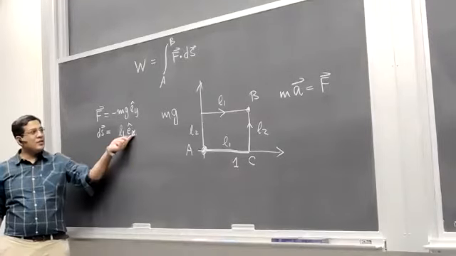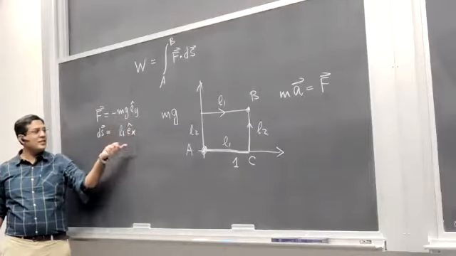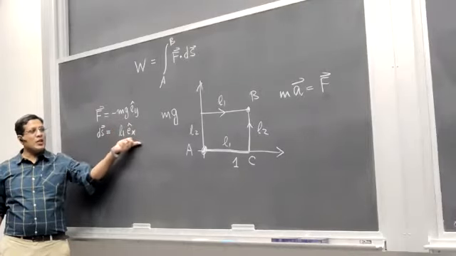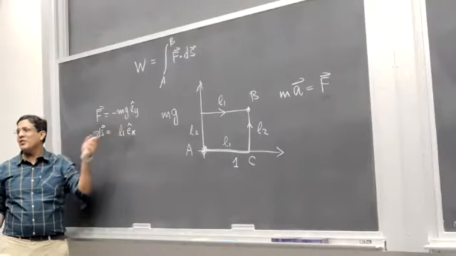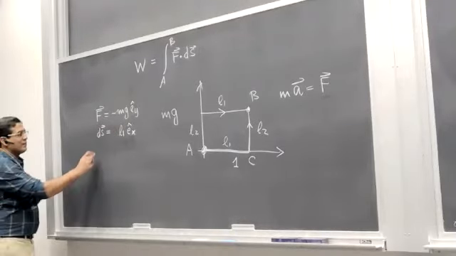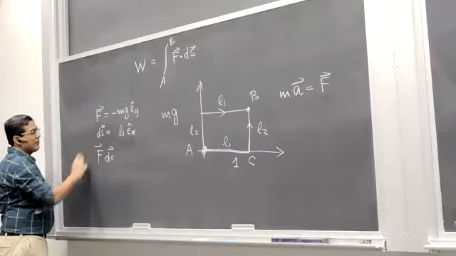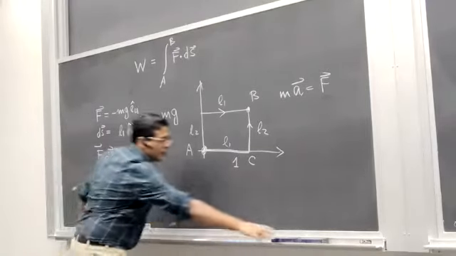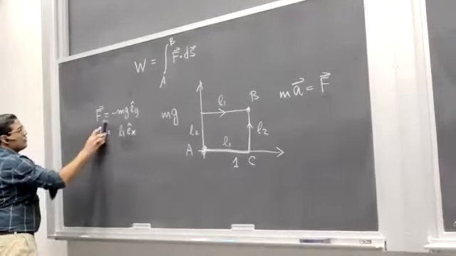Dot product between those two vectors, please. This is pointing along ex. This is pointing along the y axis. In fact, I don't need to write ds. Simply s would be better because we don't need to do the integration.